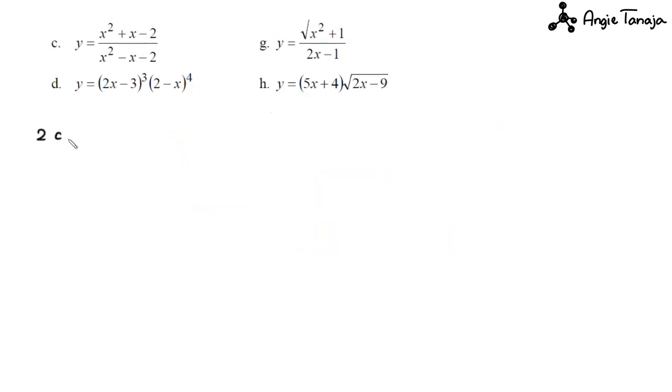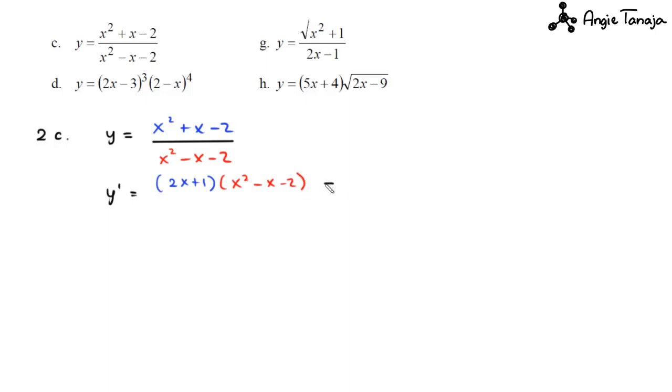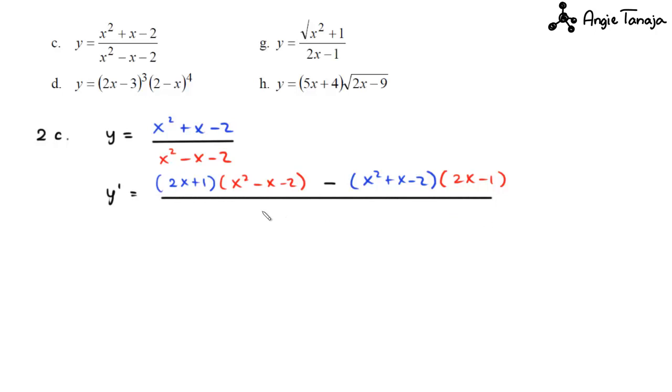To see, you have y equals x squared plus x minus 2 over x squared minus x minus 2. So the y prime will be u prime v minus u v prime over v squared. So our u prime is 2x plus 1 times v, this is our v, minus u times v prime, over v squared.